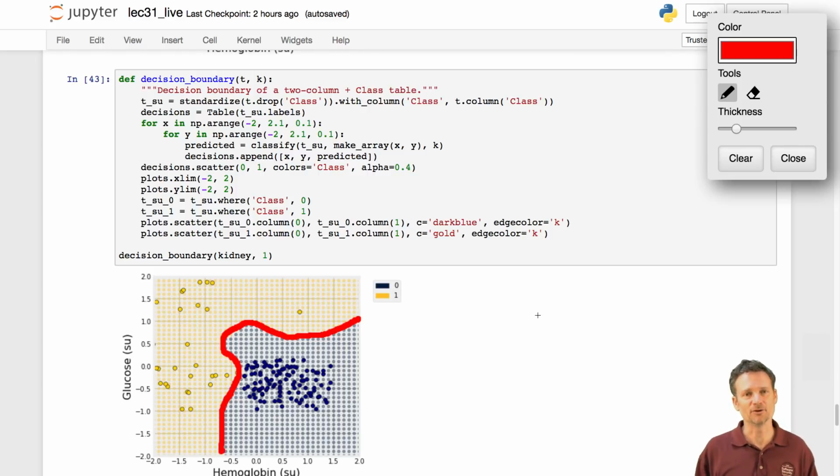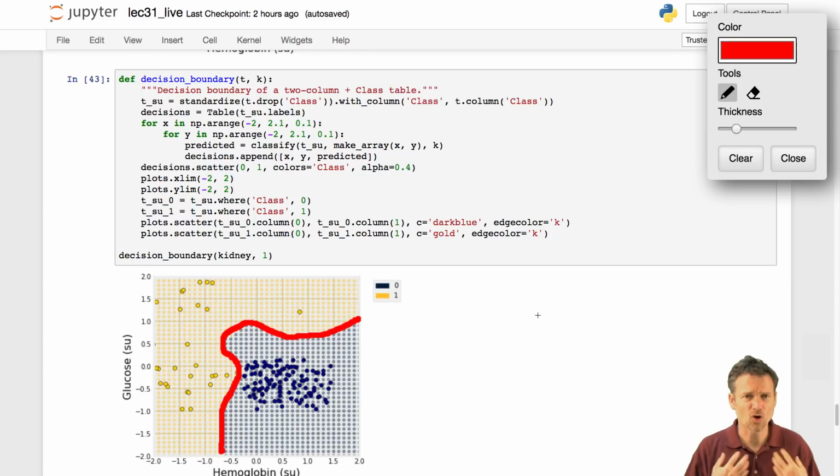That's the decision boundary. And the classifier prediction rule basically says if you're on the right and below that red line, then we'll predict you're healthy. And if you're to the left or above that red line, we'll predict you're sick. So this tells me something about the classification rule that the classifier has learned.